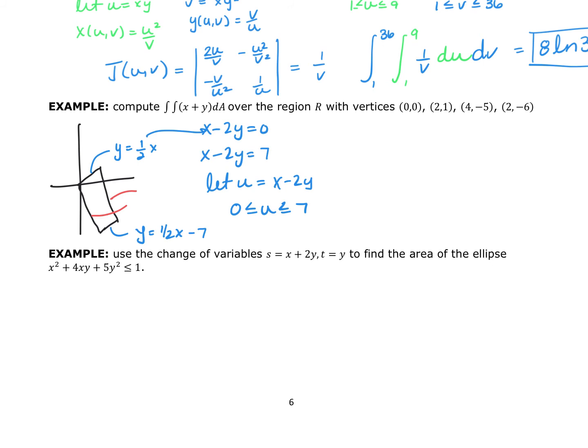Now, these other two lines right here, I end up with the line 3x plus y equals 0. That's this one. And then this line ends up becoming 3x plus y equals 7.